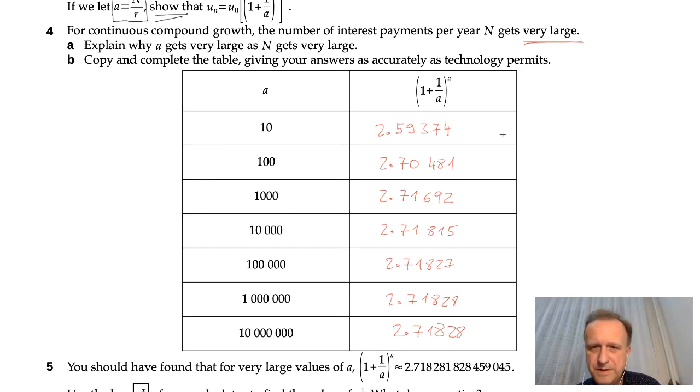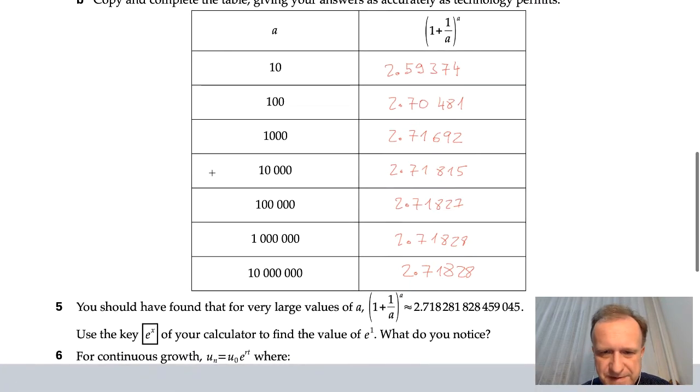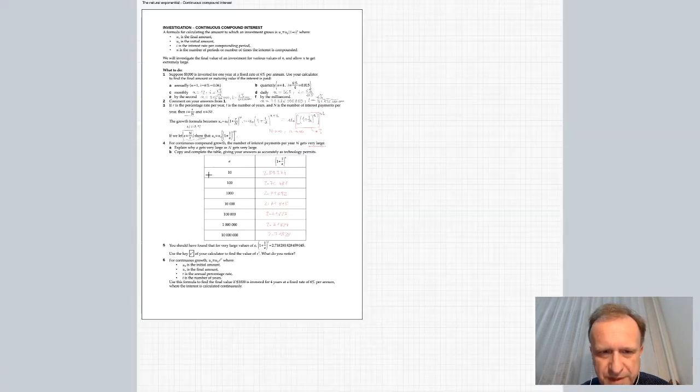Okay, so here are the numbers obtained from my calculation in GeoGebra. I have them copied into the table here in this presentation in our investigation. Now let's move on to the next part.